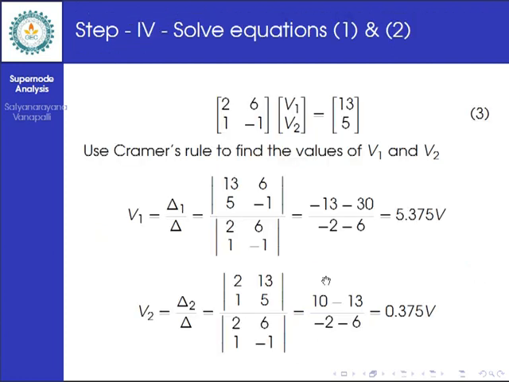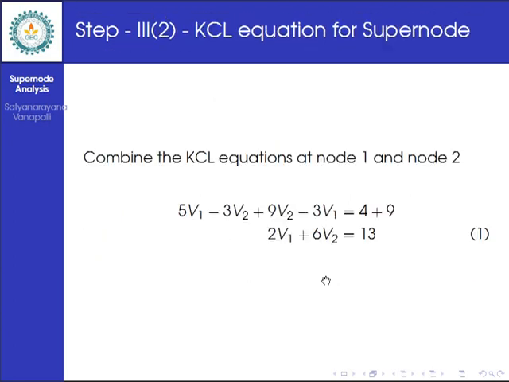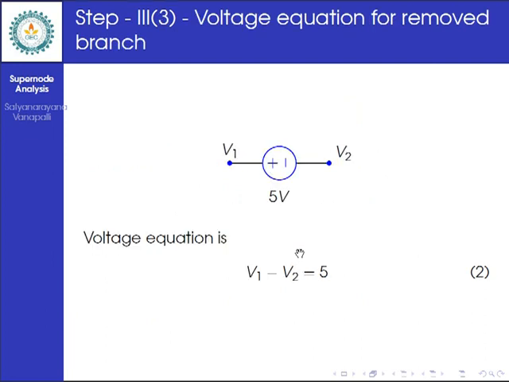So now we got two equations. The first equation is 2V1 plus 6V2 is equal to 13. The second equation is V1 minus V2 is equal to 5.